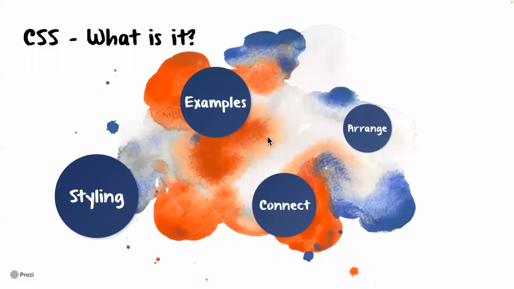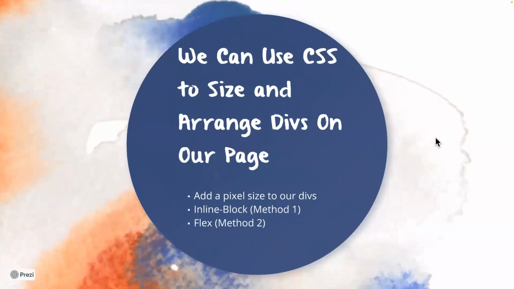Okay, so we're going to connect our CSS to our HTML. And then lastly, we're going to use CSS to size and arrange divs on our page. So we're not just going to see bullet points and text in a column on the left-hand side of the page stacked on top of one another. Now we can add certain size properties to our divs and tell the HTML where they should exist when you view the page.